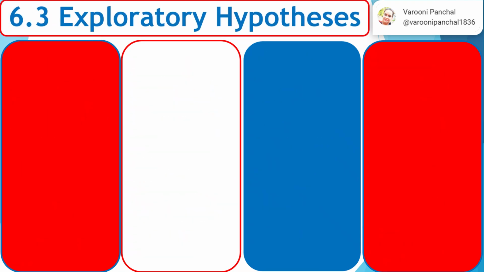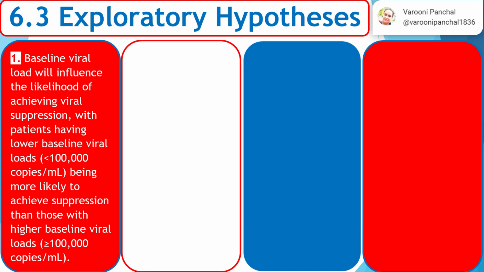6.3 Exploratory hypotheses. Number 1. Baseline viral load will influence the likelihood of achieving viral suppression, with patients having lower baseline viral loads, less than 100,000 copies per milliliter, being more likely to achieve suppression than those with higher baseline viral loads, greater than or equal to 100,000 copies per milliliter.